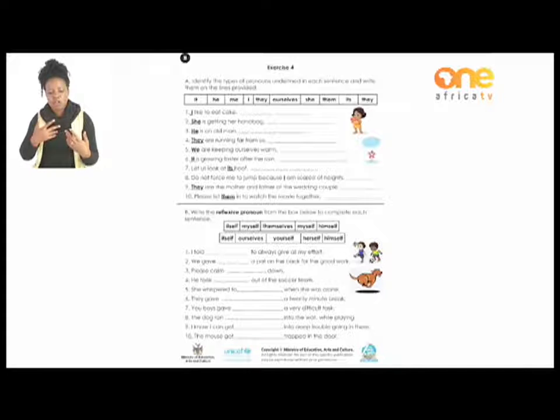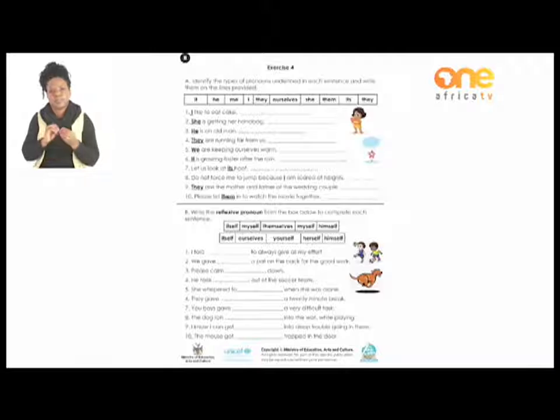Underneath number 10, there is also an activity that you will have to do. The instruction says, write the reflexive pronoun from the box below to complete each sentence. The examples of reflexive pronouns are written in those small boxes that you see there.